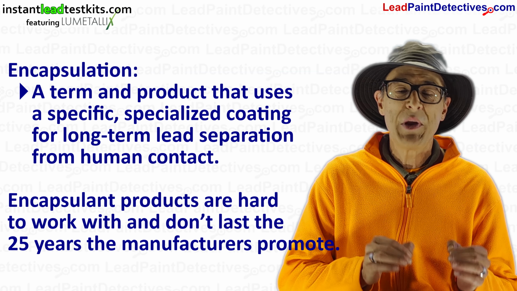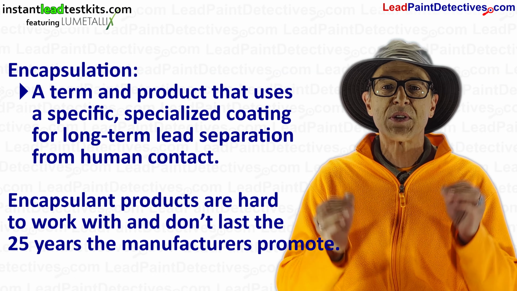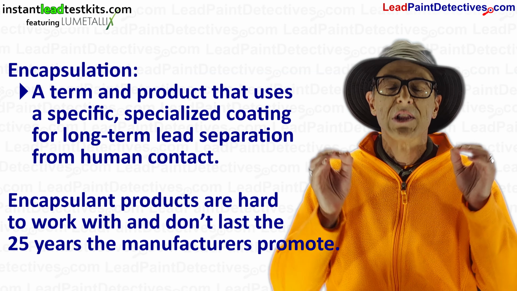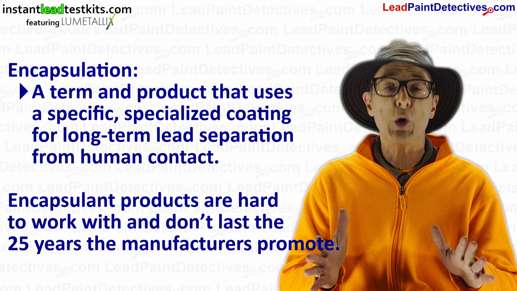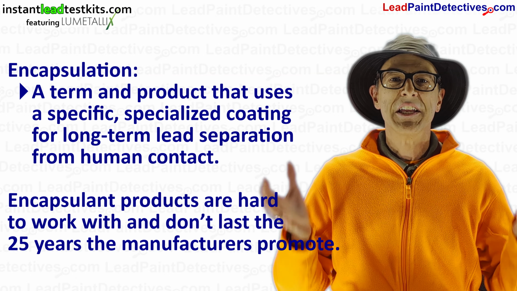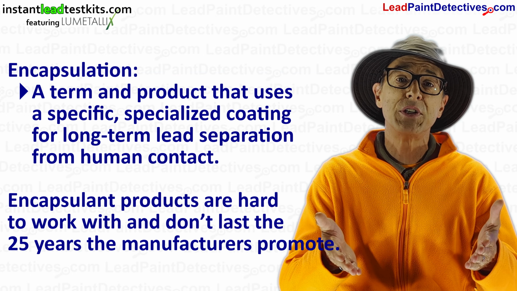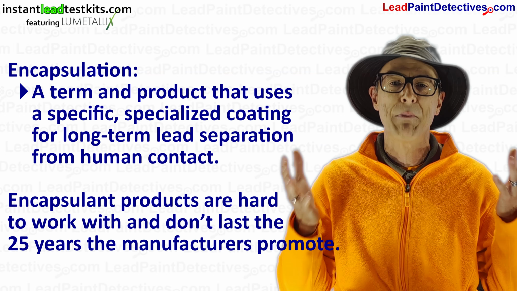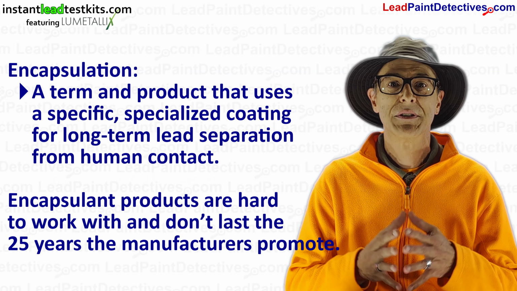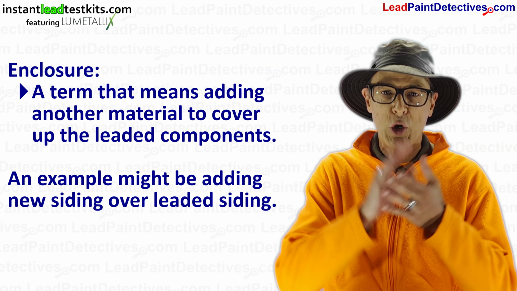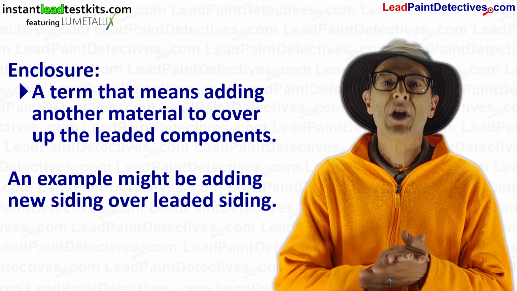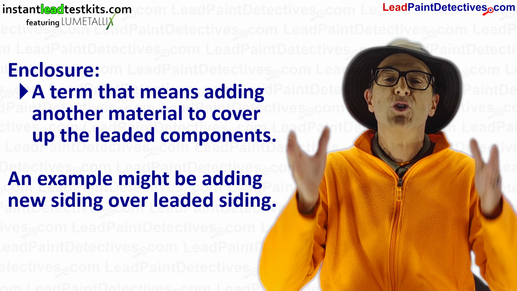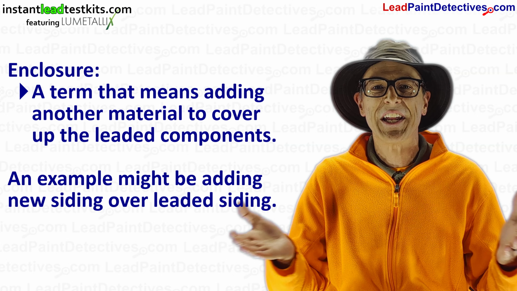Encapsulation, a term and a product that is a specific, specialized coating for long-term lead separation from human contact. Encapsulation products are hard to use, hard to work with, and don't last the 25 years the manufacturers promote. Enclosure, a term that means adding material to cover up leaded components. An example would be new siding over old siding.